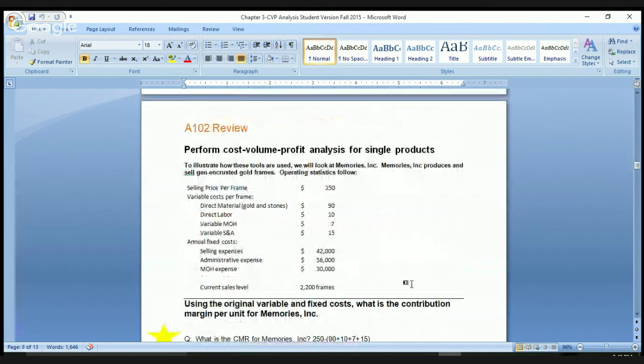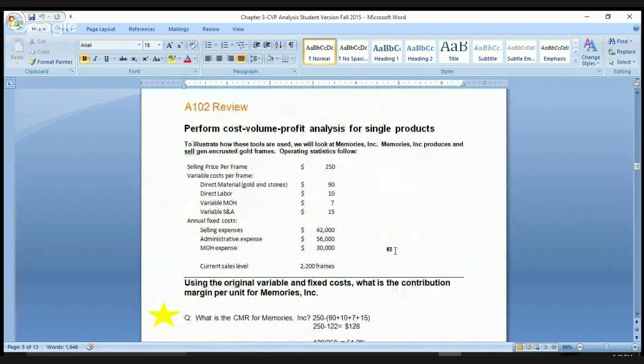So let's talk about the first problem that we have. To illustrate the tools that are used, we will look at Memories Incorporated. Memories Incorporated produces and sells gem-crusted gold frames, and each frame is going to sell for a price of $250.